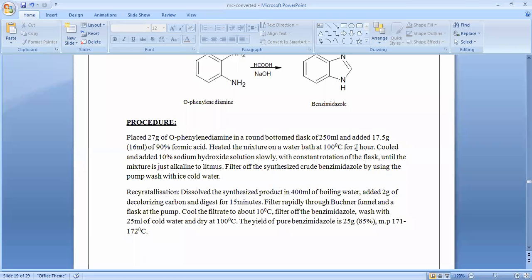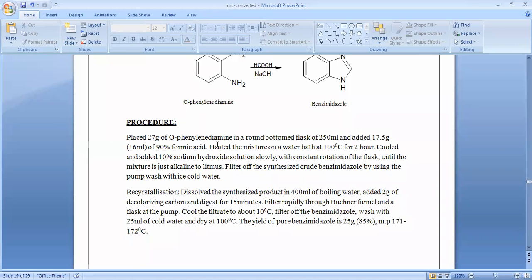So simply heating is provided for the orthophenylenediamine and formic acid. Now this reaction mixture is cooled, and to it we add 10% sodium hydroxide slowly, with constant rotation of the flask.